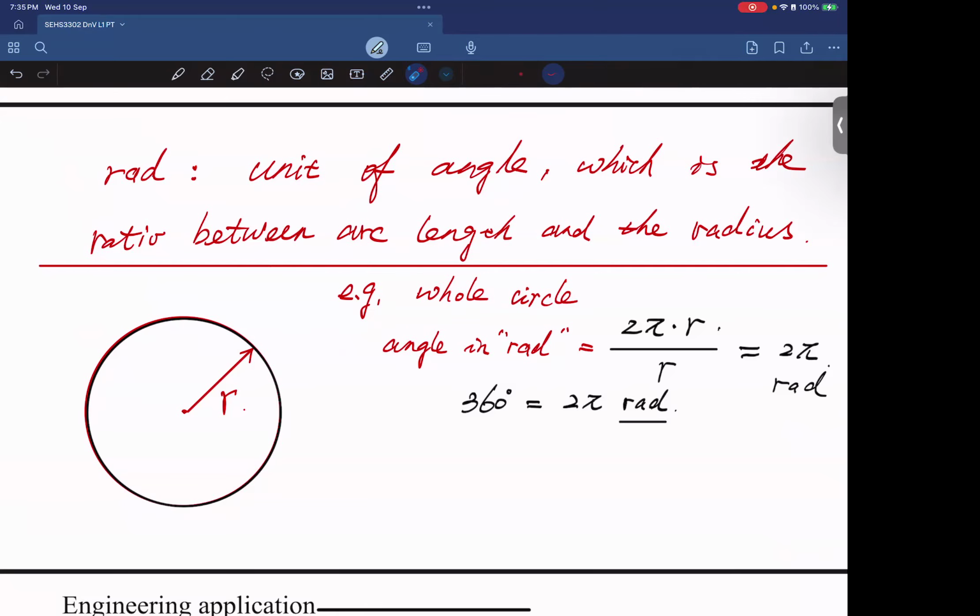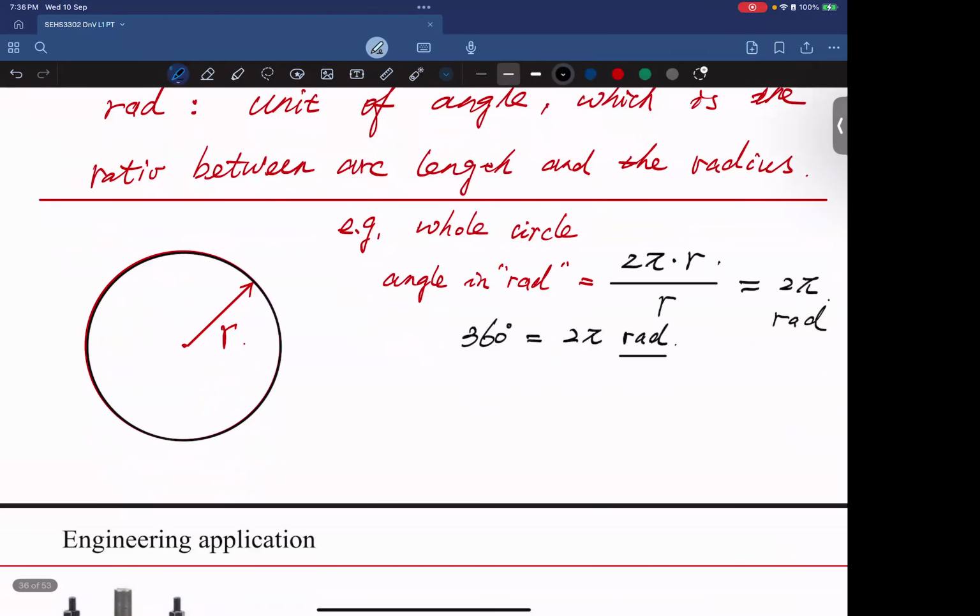So 360 degrees is 2 pi radians, and we can have more examples to help you get familiar with this. For example, a half circle or a quarter circle. A quarter circle means 90 degrees. The whole circle is 2 pi because the ratio is 2 pi.